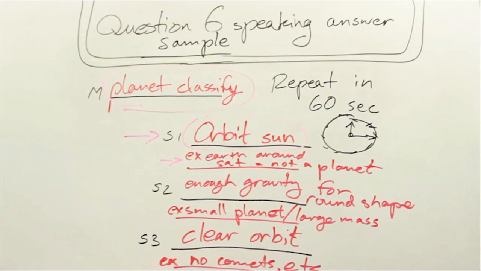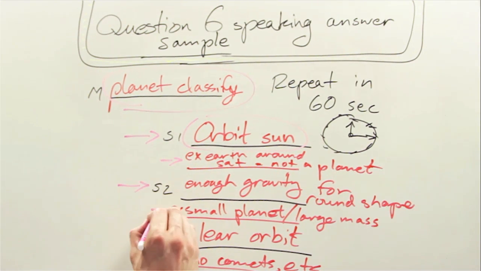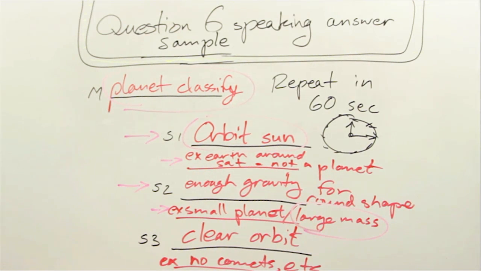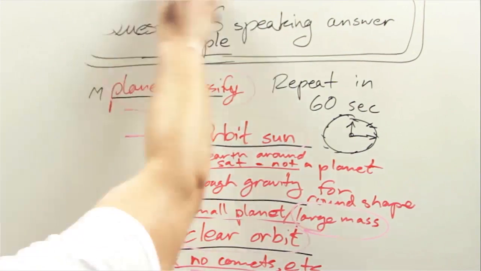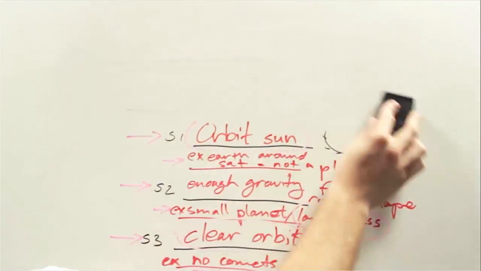Secondly, the object must have enough mass for its gravity to make it evenly round. A small object could be a planet, for example, as long as its mass is enough for gravity to make it a round shape. And lastly, the object must clear its orbit. This means that the object doesn't have anything in its path, for example, asteroids, comets, or especially other planets.